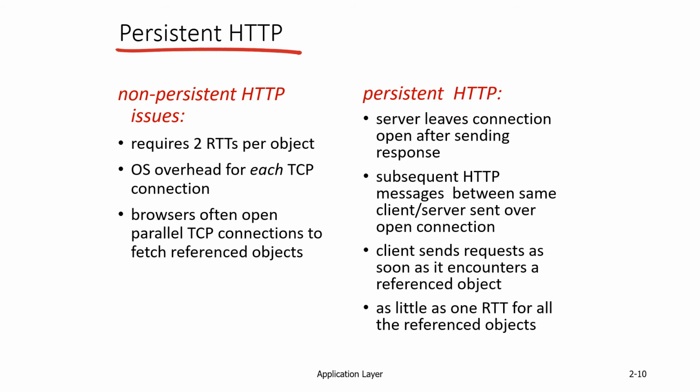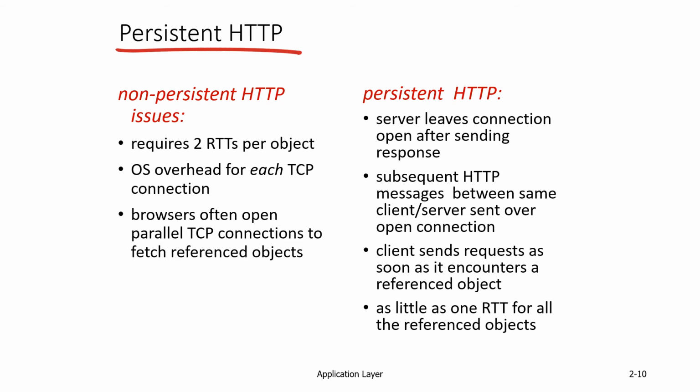In contrast, you have another popular operational model of HTTP, which is called persistent HTTP. In persistent HTTP, the server leaves the connection open after sending the response. So in response to get index.html, it will reply with index.html, but it will keep the connection open. Then the client can request, now send me object number one, which is a subsequent HTTP message between the client and server over this existing open connection, and the server replies and still keeps the connection open.